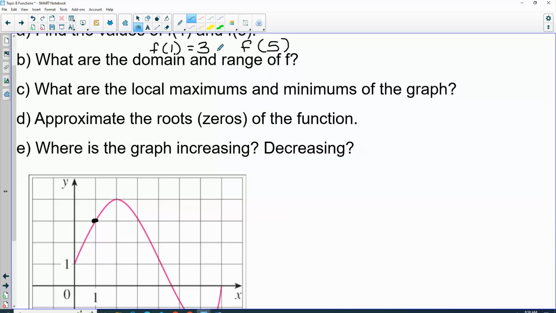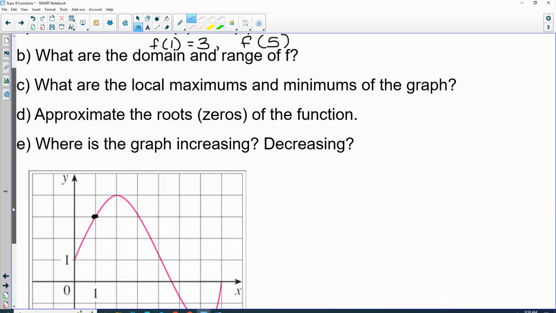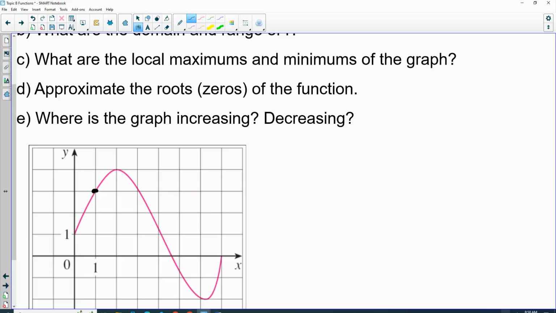If I ask for f of 5, take a second. Don't say it. See if you can find it. Have an answer?